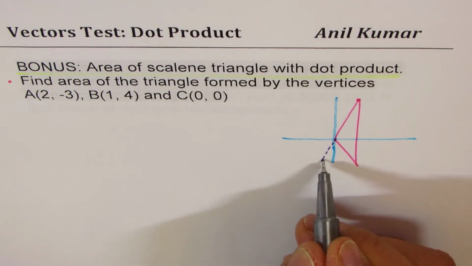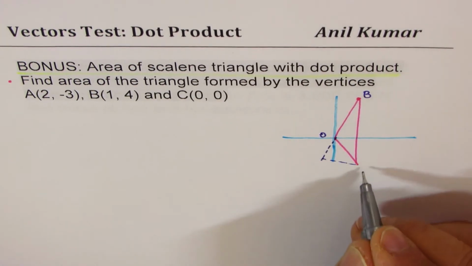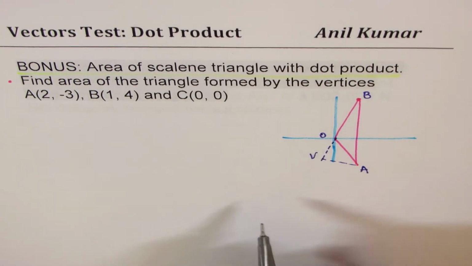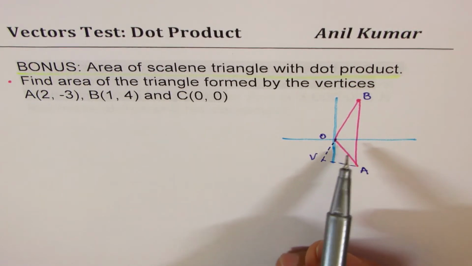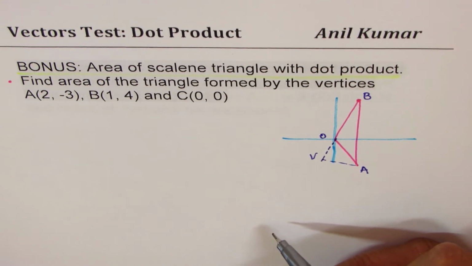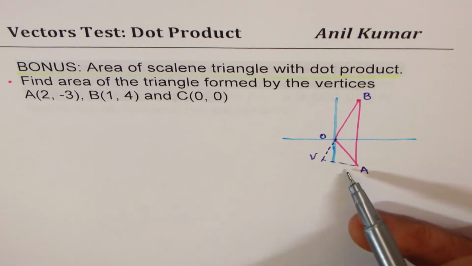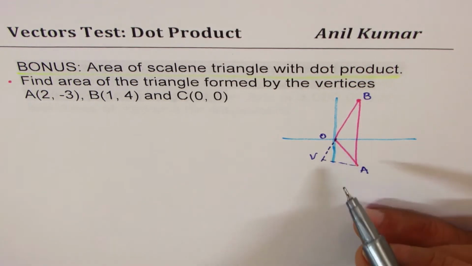You could find this side, correct? Let me name that just as we did last time. We'll call it V. You know what AV is. Magnitude of AV times half OB will give you, because that's the altitude, right? The area of the triangle. Perfect. So that's how you could find it.